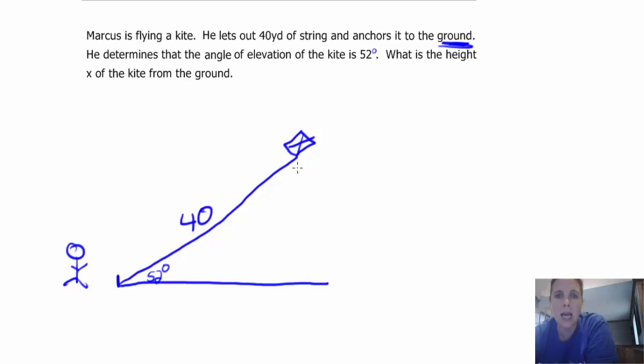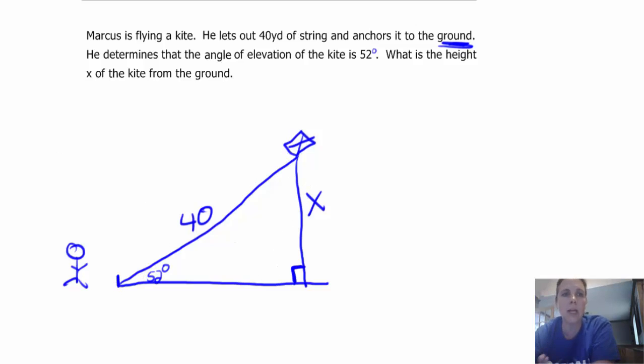We're dealing with triangles still, so you would make this triangle. This is a right triangle. Here's the kite, the string on the kite. What is the height x of the kite from the ground? This is the actual string, but this is the height x.